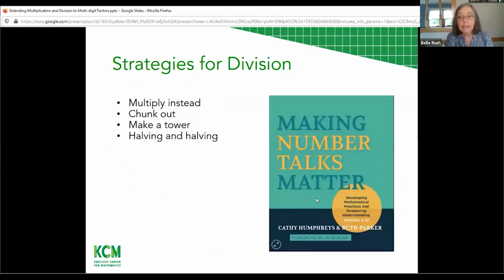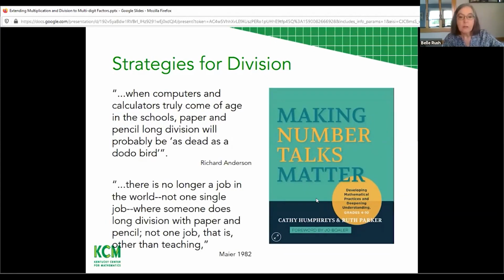All right, and again, these strategies are taken from Making Number Talks Matter. The strategies we're going to look at are multiply instead, chunk out, make a tower, halving, and halving with multiplication. I want you to think about these strategies for division.